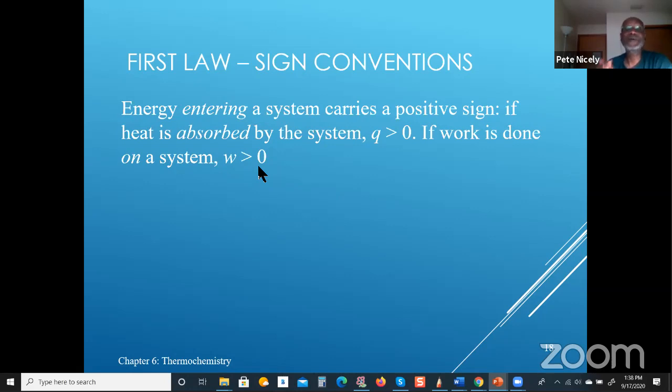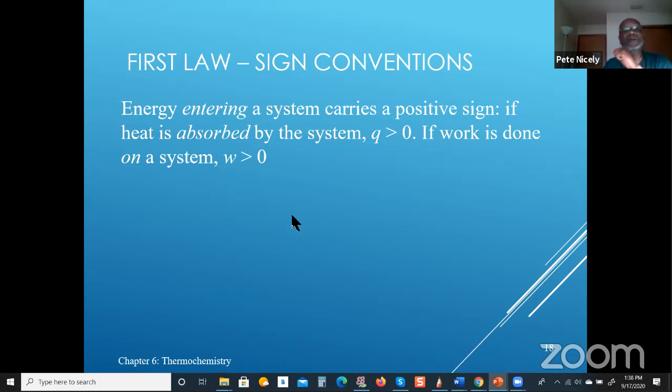So from the system's point of view, if energy enters the system, the energy change is positive. If heat is absorbed by the system, the heat value will be positive. And if work is done on the system by the surroundings, again from the system's point of view, the work will be positive.